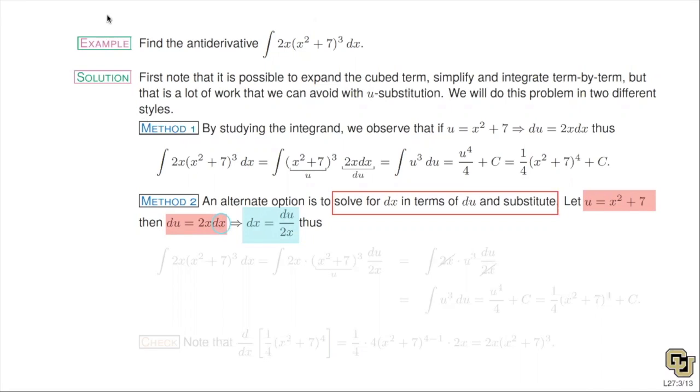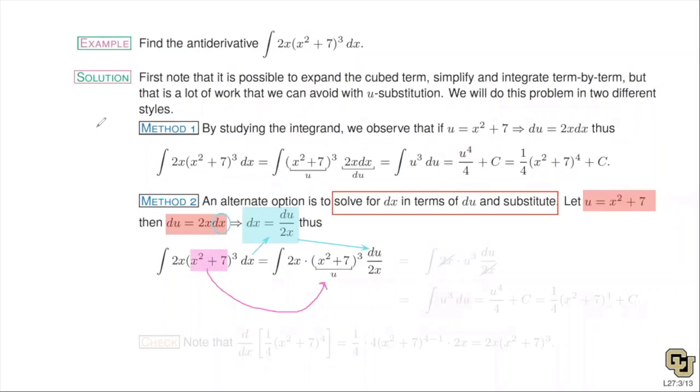Okay, what do I do with this? I'm going to now substitute. I'm going to replace the dx here with du over 2x. So right here, this dx, I replace with du over 2x. And as before, the x squared plus 7 part, I'm going to replace with u.